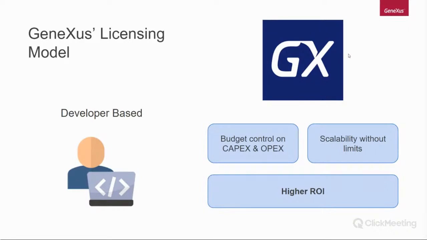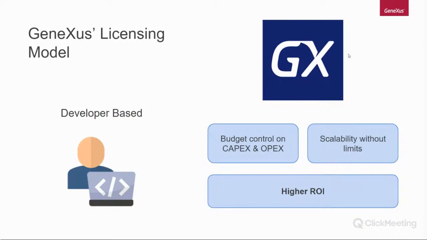And concerning the growth of the software itself, we'll be able to scale without limits. The size of our software won't matter because we are on a developer-based license scheme. We won't have to pay for any additional objects created, and we won't have to worry about the number of users of our applications. Our growth won't be limited by that either.